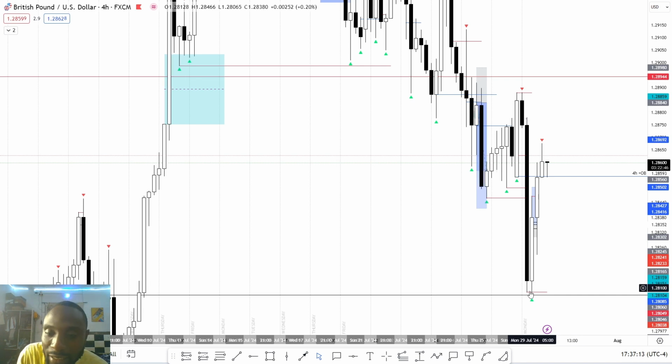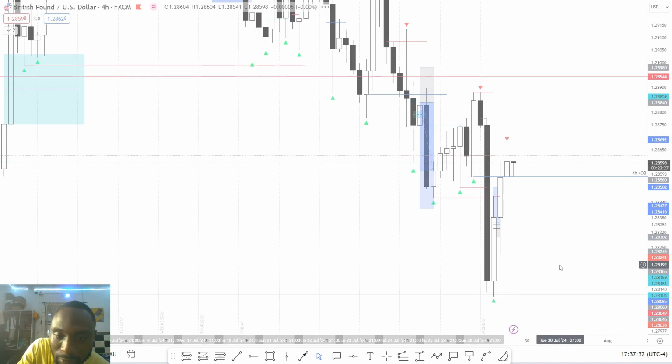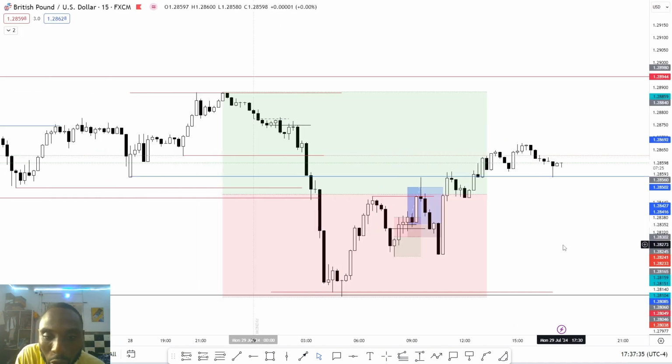So me seeing this candle coming to the downside and reacting from it gave me an indication that price wants to go to the upside. It was a clear indication that price wants to go to the upside. So what I just did was drop down to the 15 minutes, look for reactions, look for places that I would want to take my trades from.